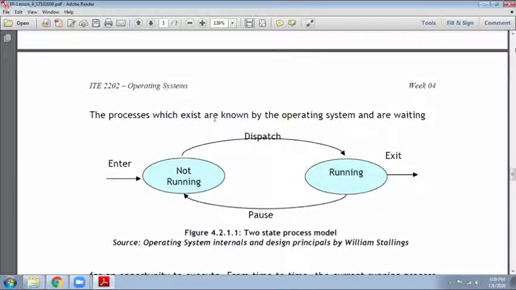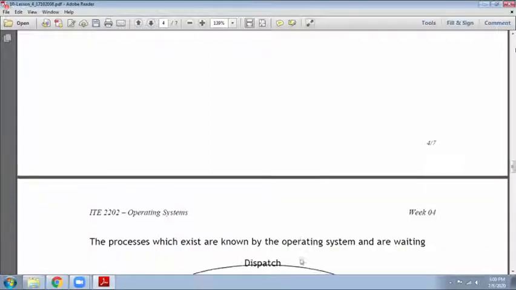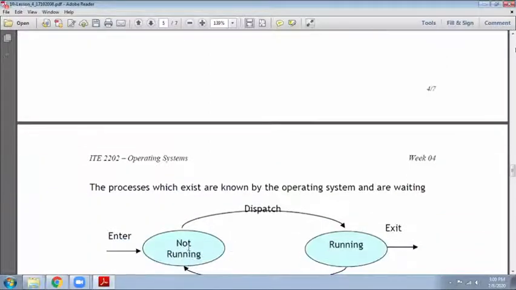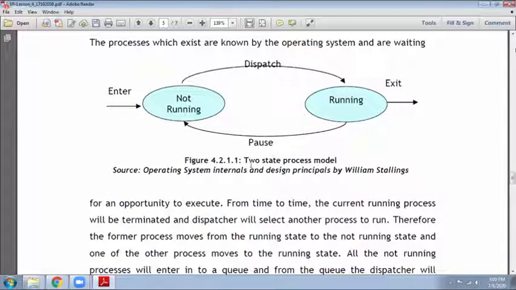Process not running means processes which exist are known by the operating system, and they are waiting to run. So this is known as the two-state process model. Why two states? We have one here, another one here. These circles are states. Since we have two circles, it's a two-state process model.